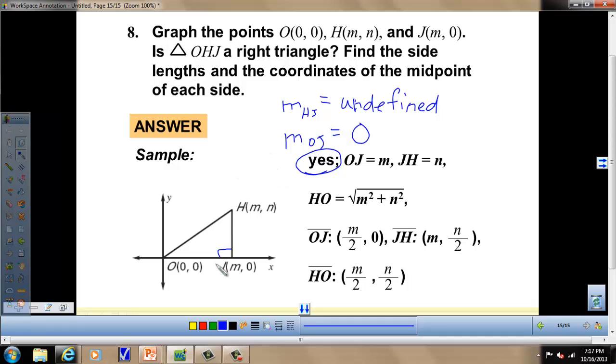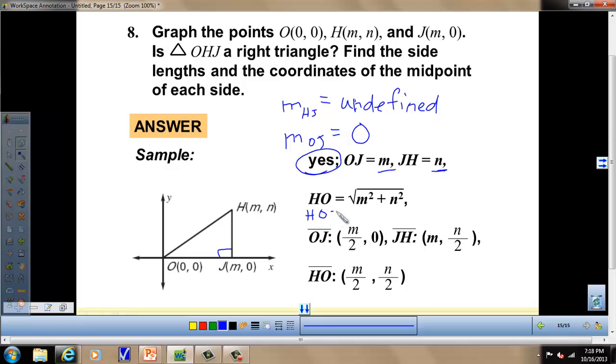We want to find the side lengths. We know that from O to J, the length would be M. From H to J, the length would be N, because again, we look at the y coordinates here, we look at the x coordinates here. We use the distance formula to find HO, and I can do the work for that.